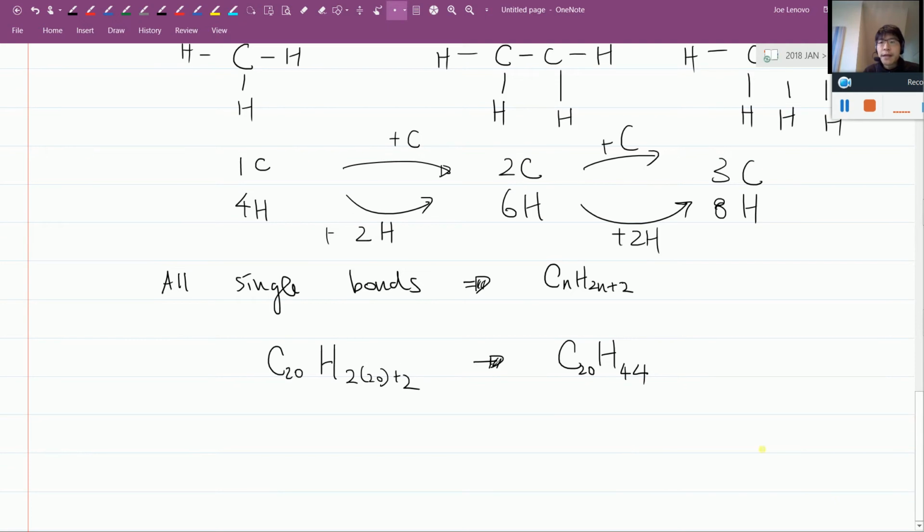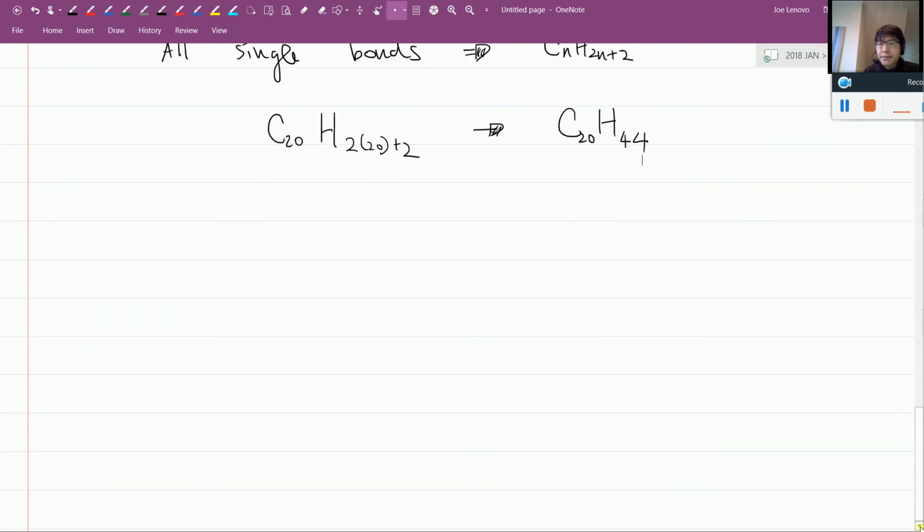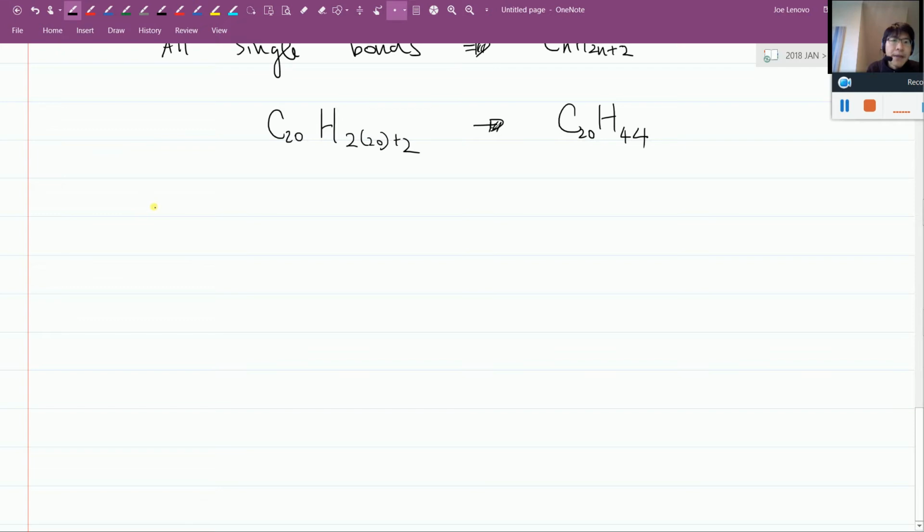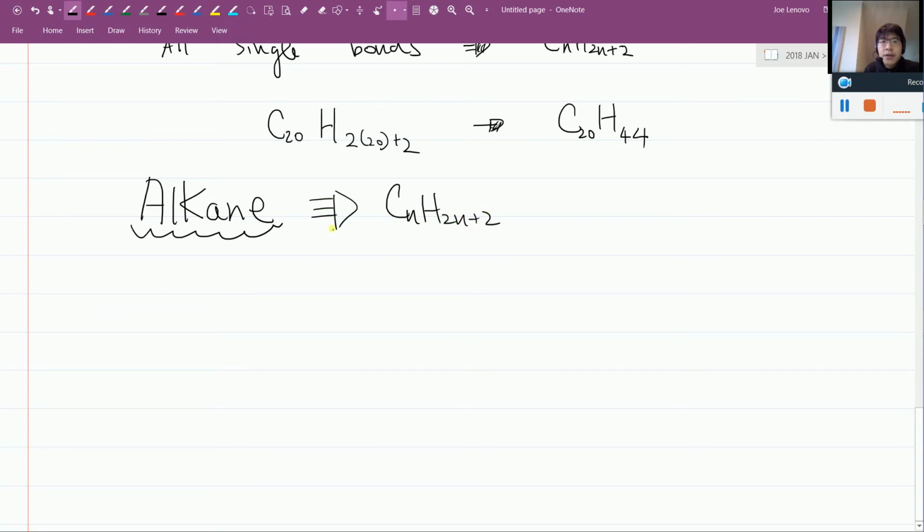Wherever we have 2n plus 2, we have a particular name for this group, and this group is called alkane. When you say alkane, it means all single bonds, and it follows the formula CnH2n+2. No matter whether you write this formula or call them alkane, it is exactly the same. There's no difference.